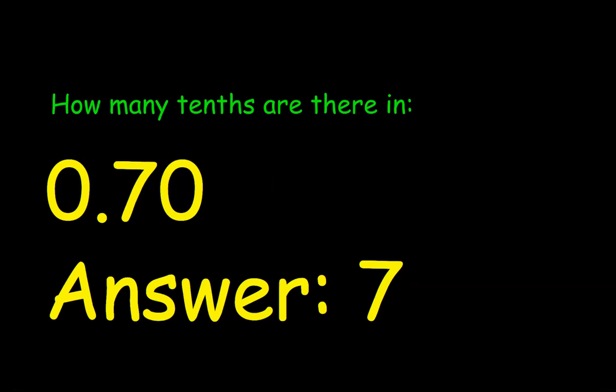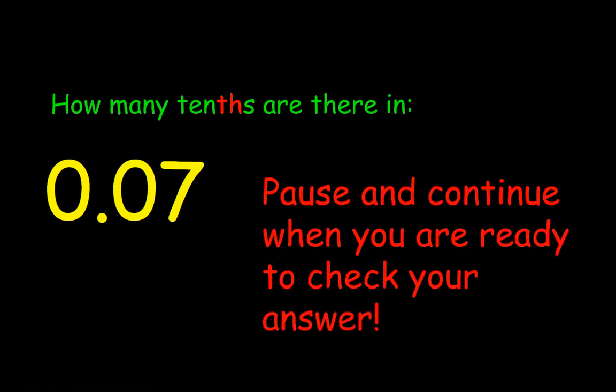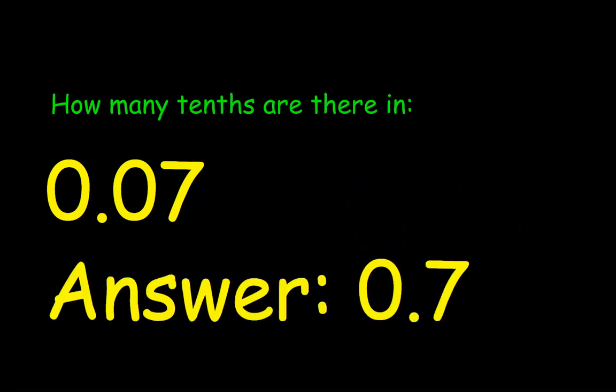That would have been the same, 7 and 7.0 are the same. I put that 0 in there to make sure you understood that this 0 doesn't really make any difference. There are only 7 tenths. How many tenths are there in 0.07? Answer, 0.7. See, no tenths, 7 tenths of a tenth.